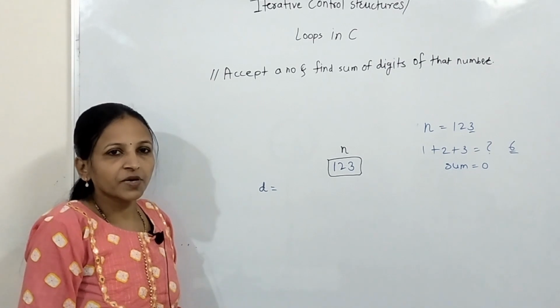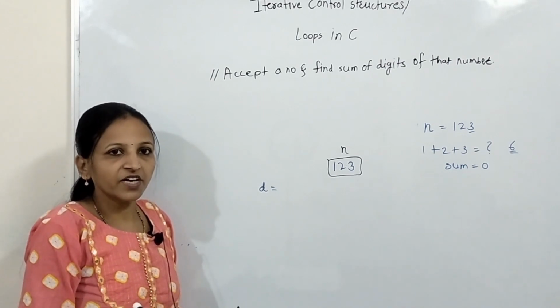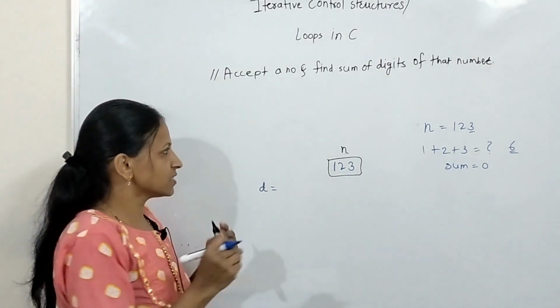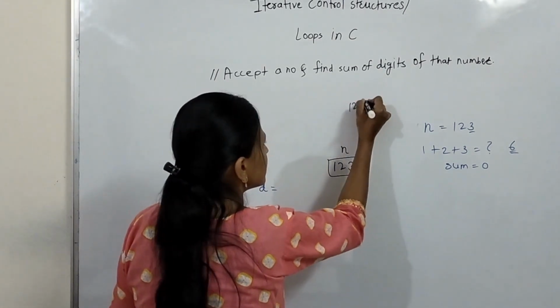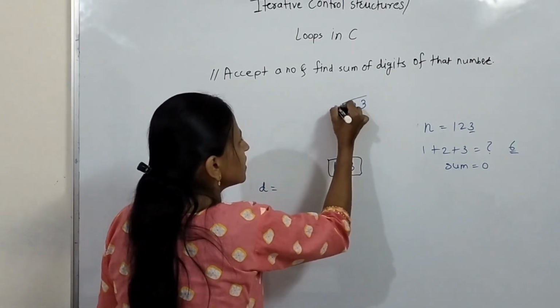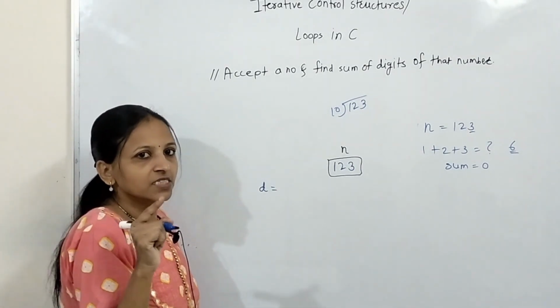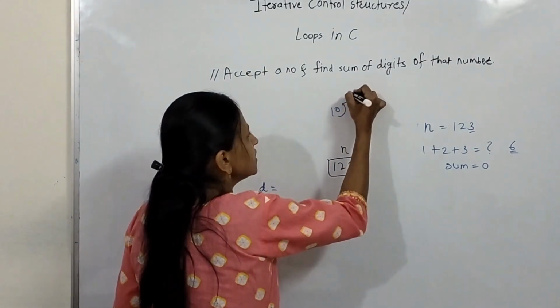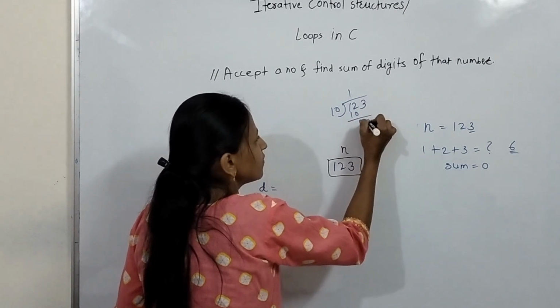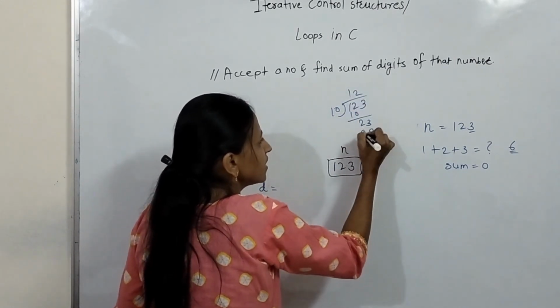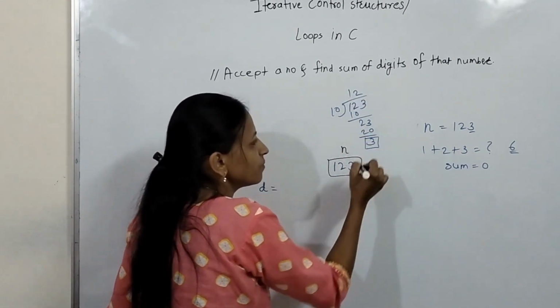See, the modulus operator always gives us the remainder. Suppose the number is 123 and we are dividing that number by 10, then of course we will get that last digit 3 separated. How? 10 ones are 10, then 23, 10 twos are 20. We are getting this 3 as a remainder.